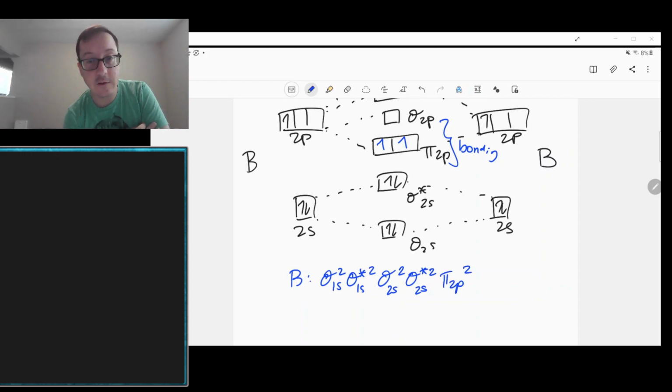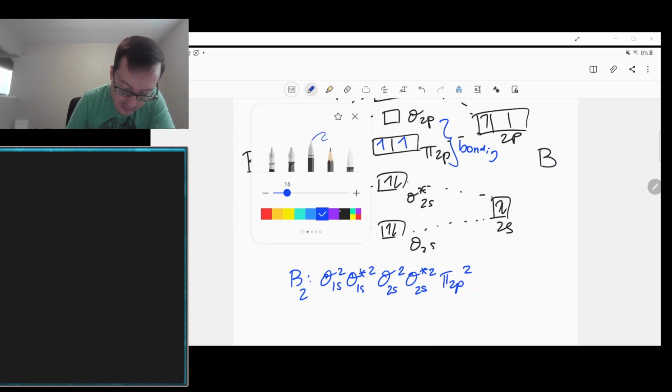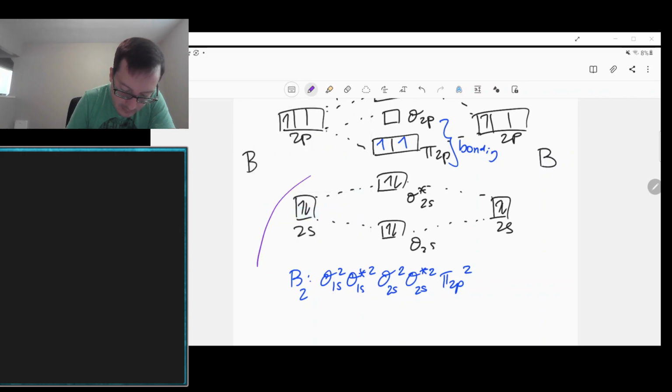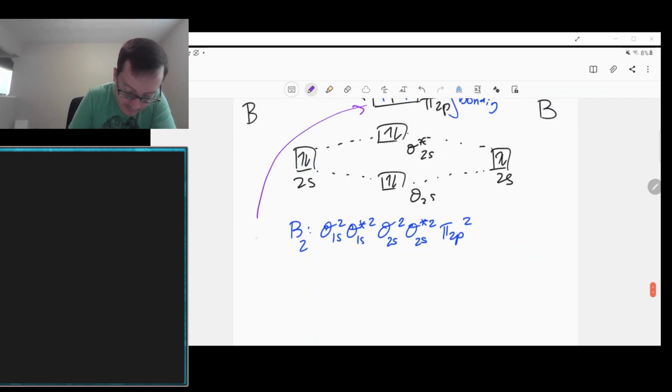And again, even though they're two different pi orbitals, they are degenerate, equal energy, so we just lump them together in our configuration. This is B2, diboron. And the important part is here we have unpaired electrons.